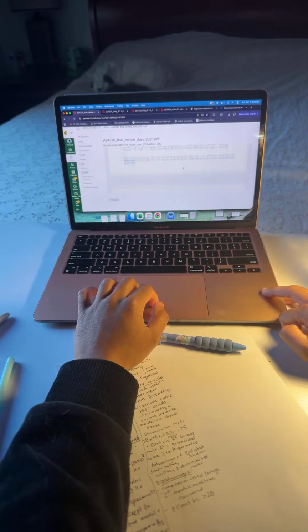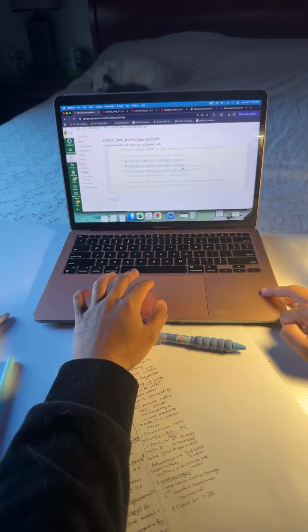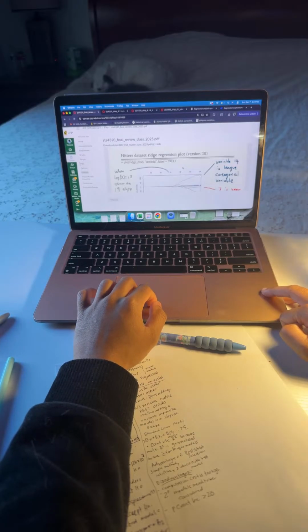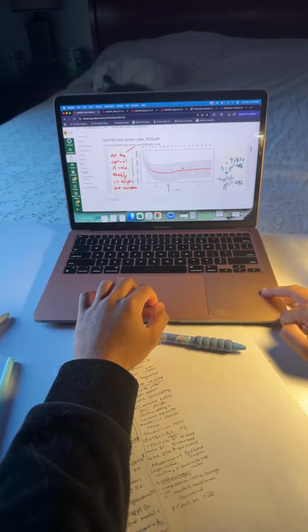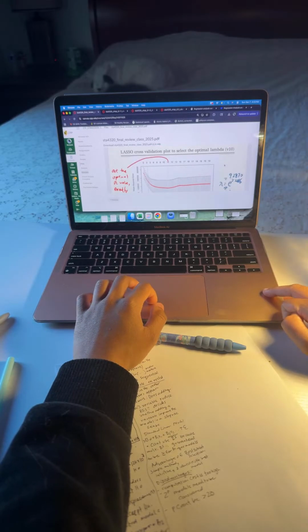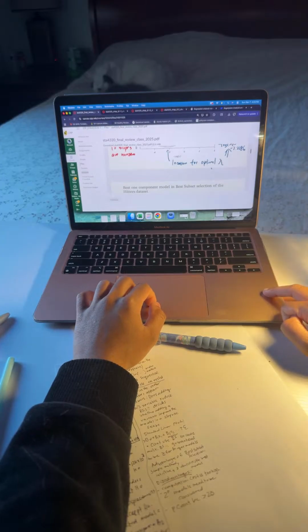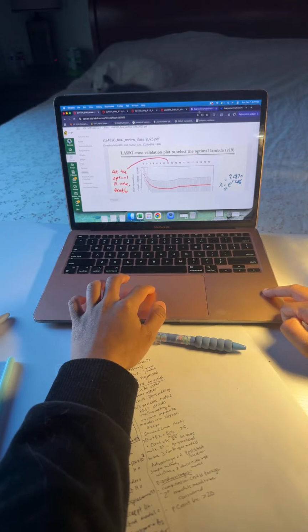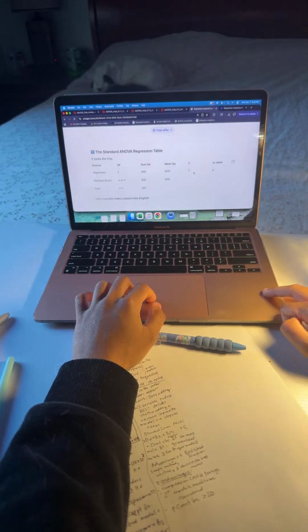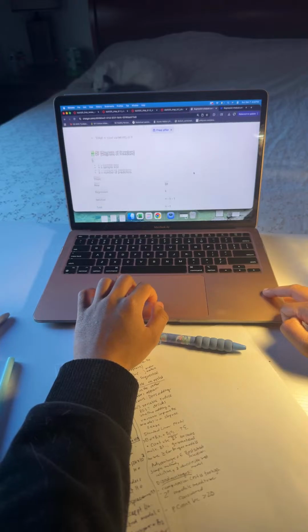So, seven is years. Okay, I think we're here. The lasso cross-validation plot. This is the part that I needed some help with. That's why I used ChatGPT. But he's really stressing me out. Like, what is all this, bro?